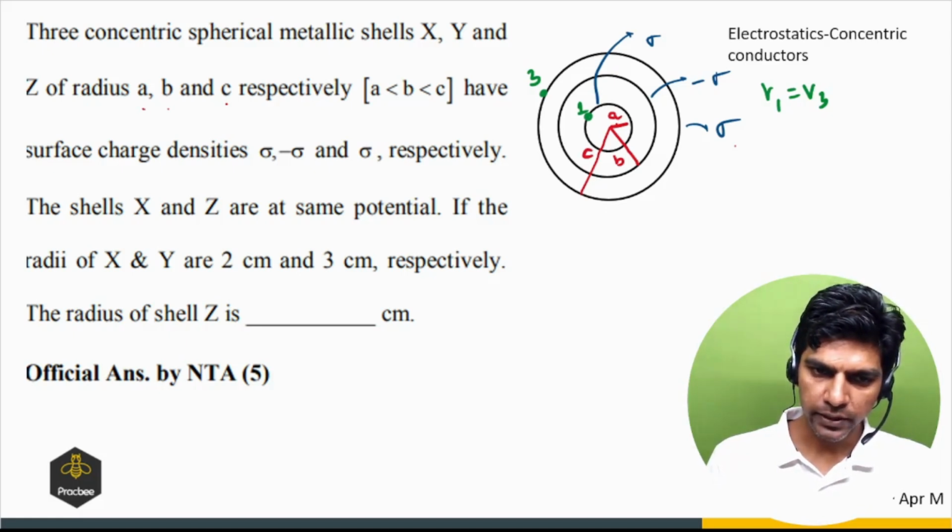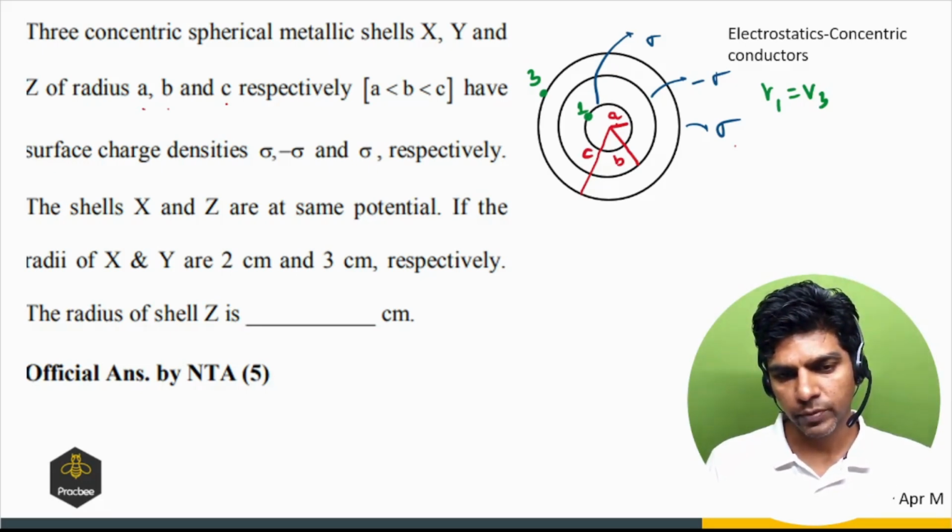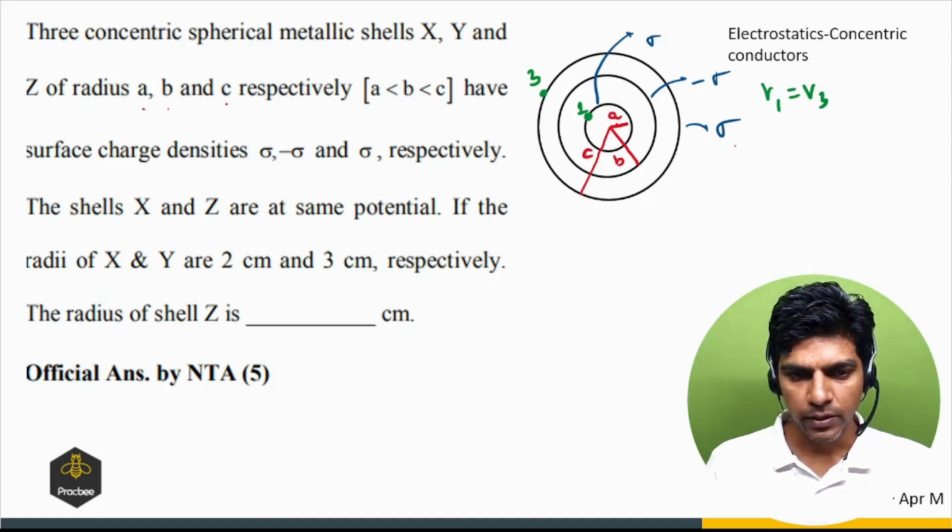So potential of 1 and 3 is equal. So let us find the potential of 1. The contribution towards potential at 1 will be due to the charges of all the three shells.